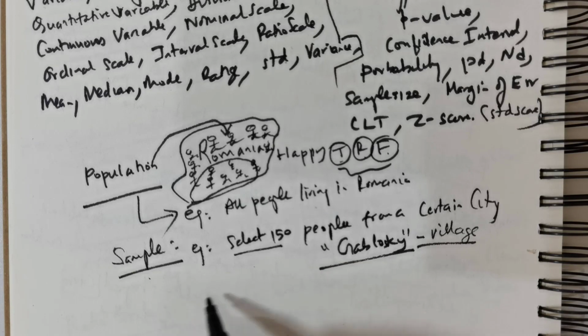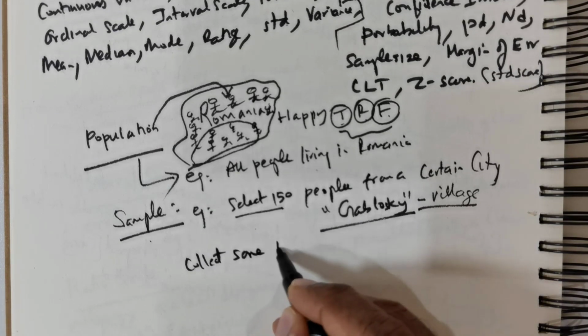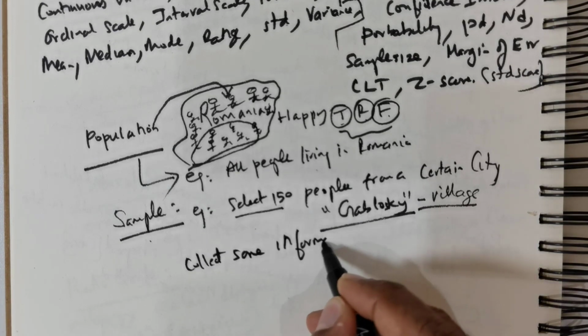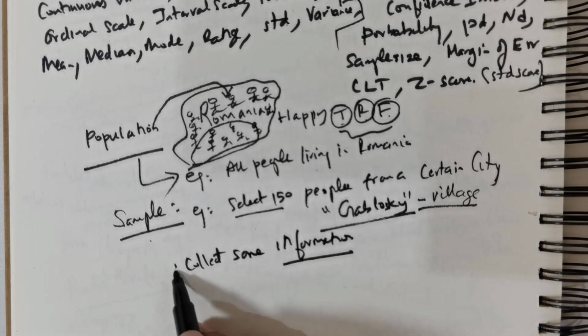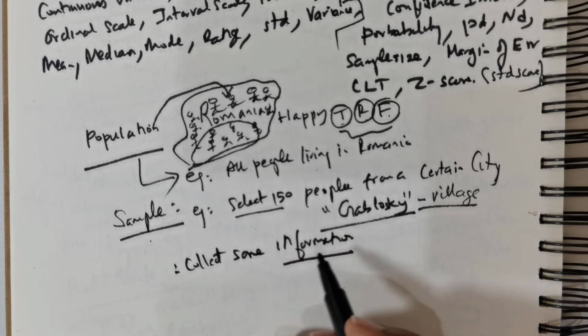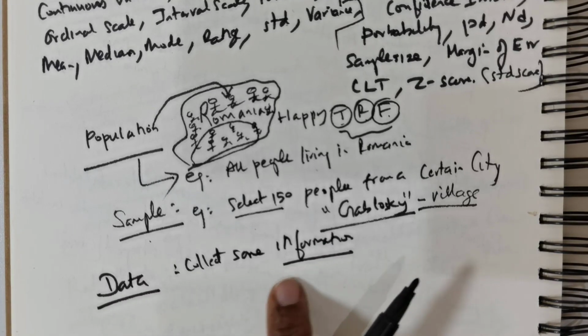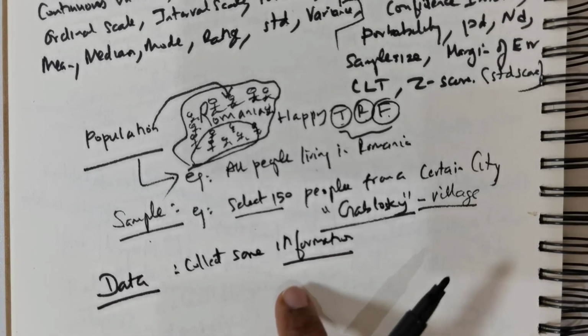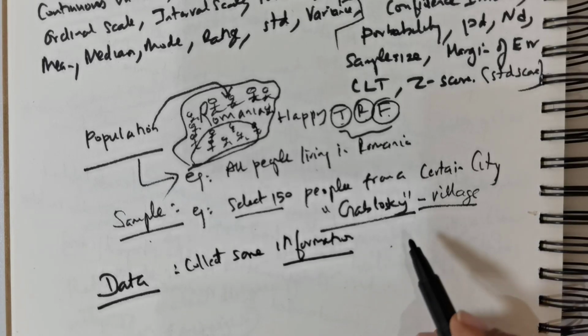From these 150 people we are going to collect some information. Now what that information is going to be, I'm going to come to that. This collection of information is what is called data. When we collect information, we will prepare what is called a questionnaire, or we will conduct an interview.